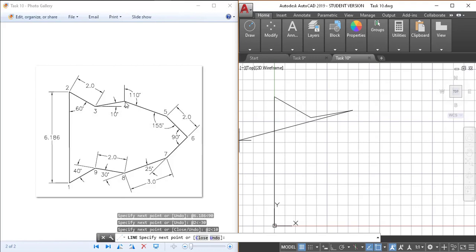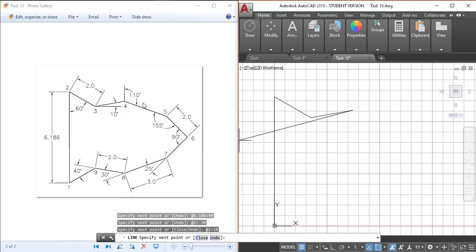So next we have to draw a line between 4 and 5. Once again we have the angle of this line with respect to the y-axis, which is 110. If this is making a 110-degree angle with the y-axis, we have to calculate how much angle it will make with the positive x-axis.